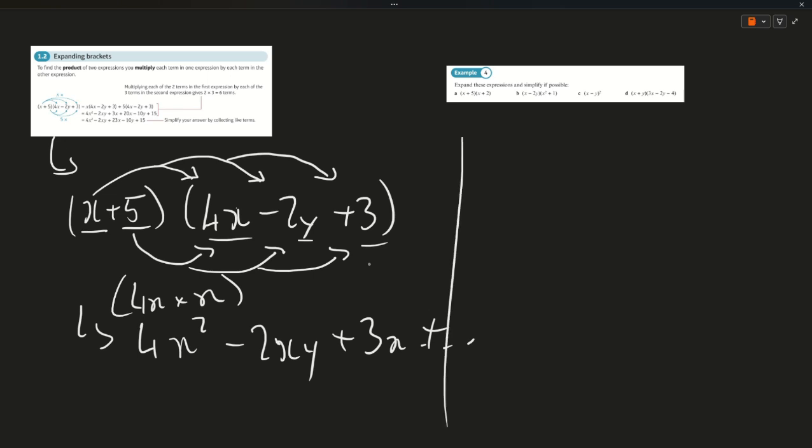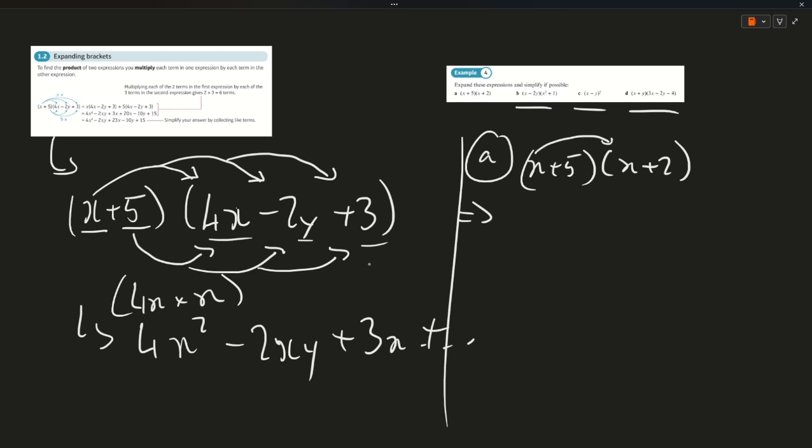Now some examples. I'm going to do one of these, and then I want you to do these 3. So I'm going to start with A, (x plus 5)(x plus 2). And remember, this isn't really supposed to be very complicated, but these are the basics that you need to master before you do anything else. So, x times x, same kind of logic as before.